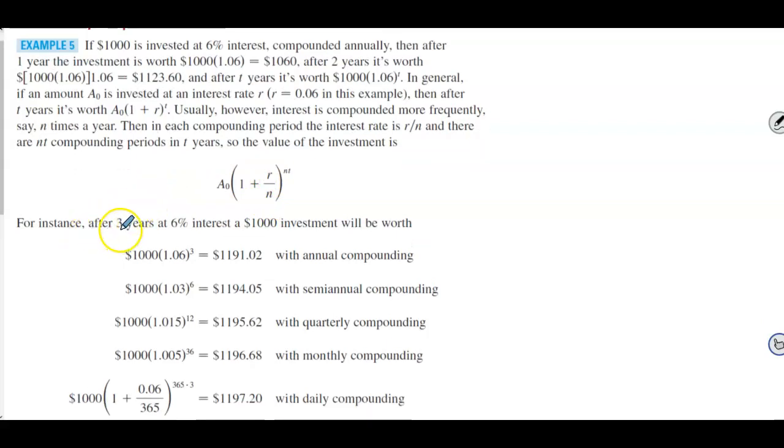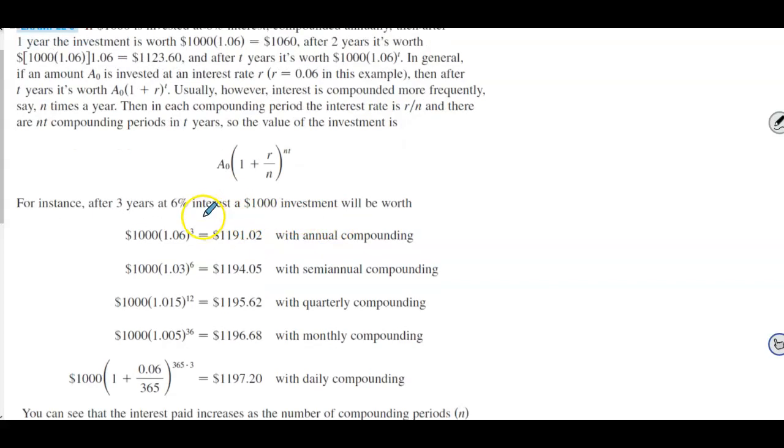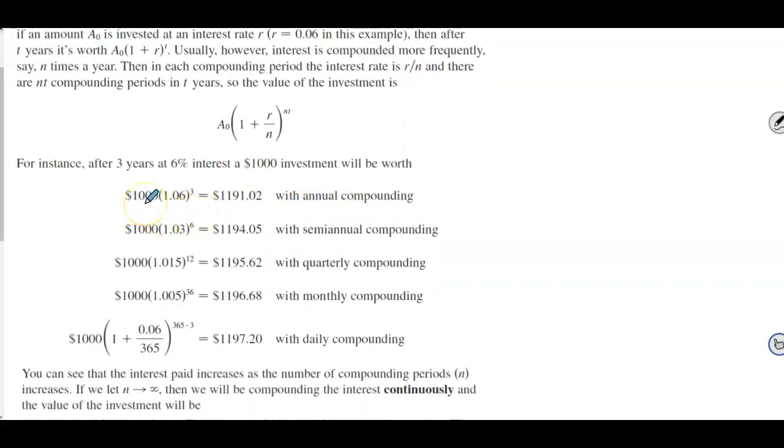So for instance, after 3 years at 6% interest, a $1,000 investment will be worth the following. If we have 1,000 times 1.06 to the third power, you'd have 1,191.02 with annual compounding, which is when n is equal to 1.